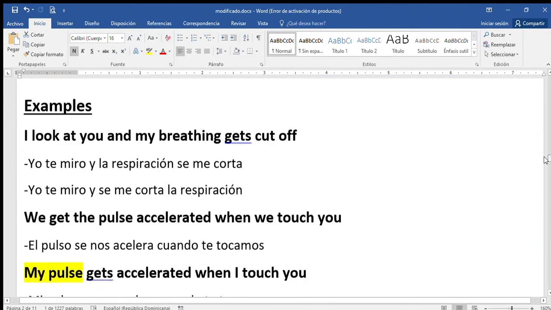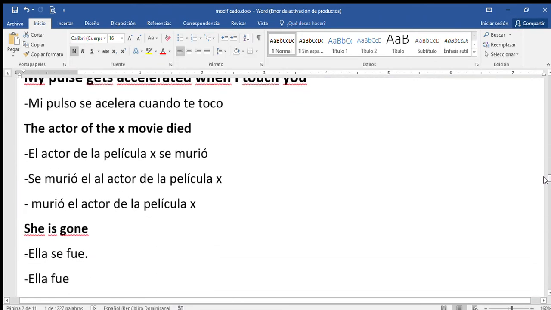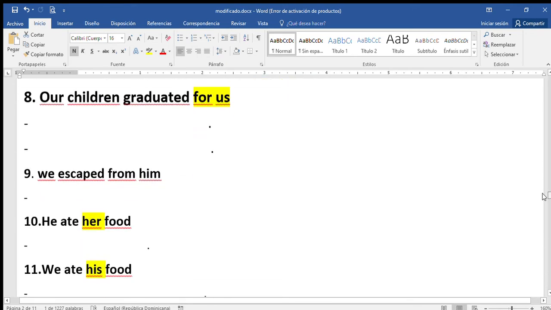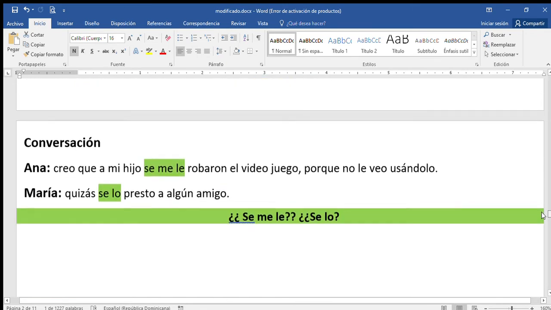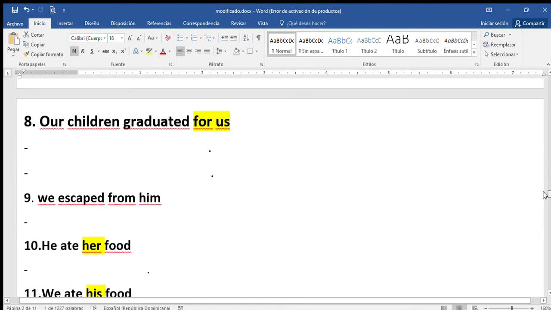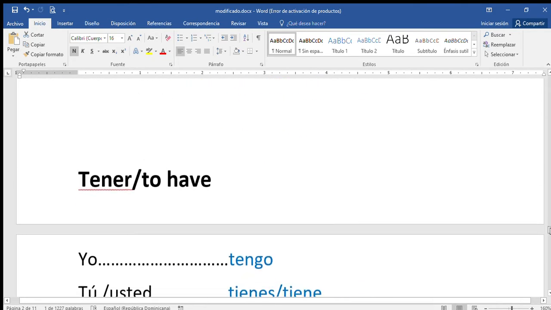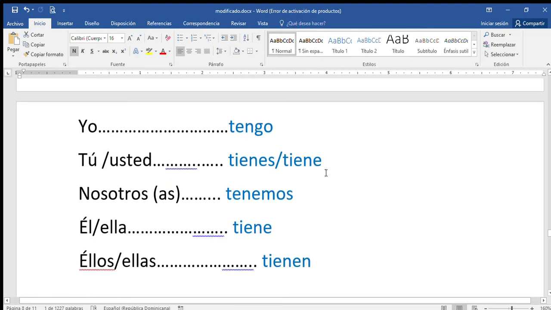One tip for you. When the conjugation of he, she, and usted is the same, it's the same form. Here we have tener. So when you say "tiene," you are talking about usted, or you are talking about él, él o ella, it is the same.